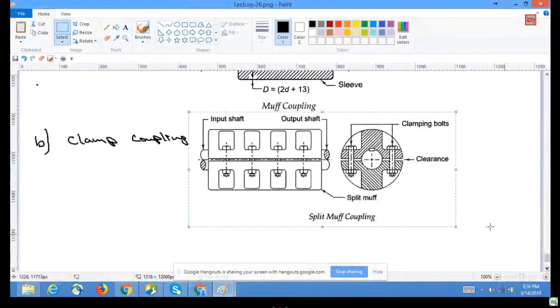Generally, these applications you see in the case of clamp coupling.